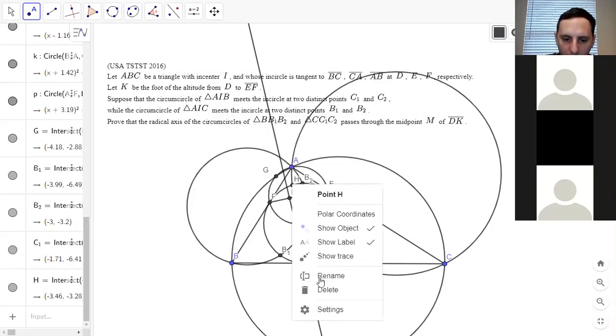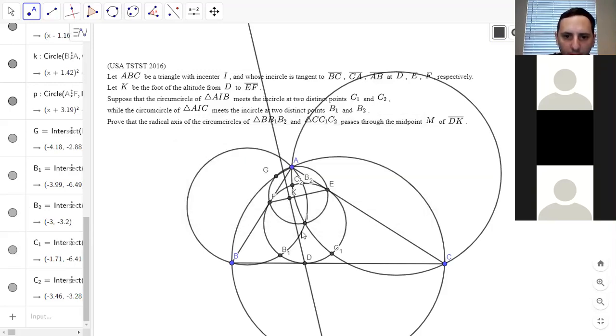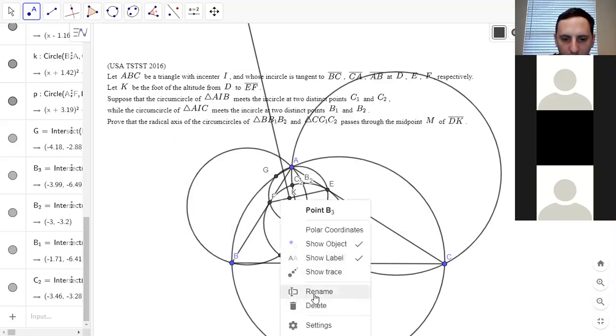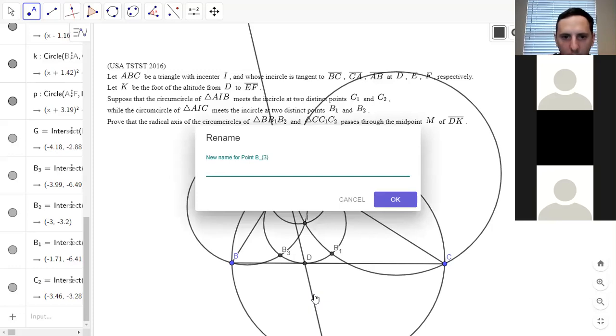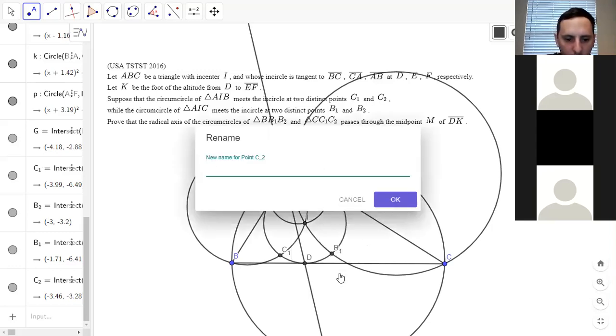And we want to show that the radical axis of, oh wait, what did I just do? Oh, I switched them. It should be the other way. This is confusing. So this is B1 and this is C1. And this is B2. And the other one is C2.